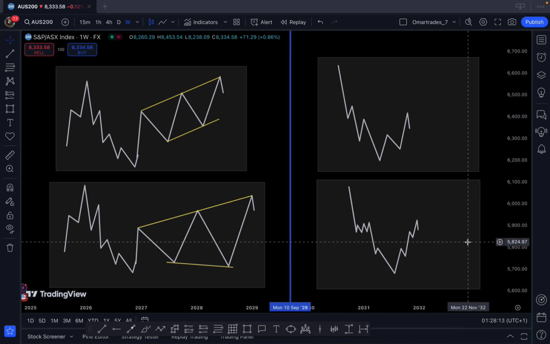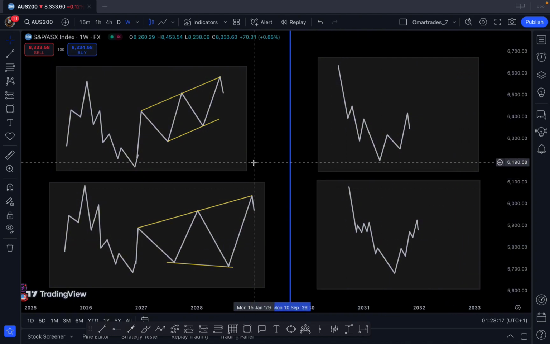Now, here is a picture of what we want a high time frame structure to look like before we engage on the lower time frame and look out for setups that meet our trading plan.